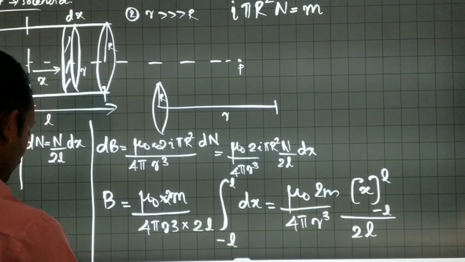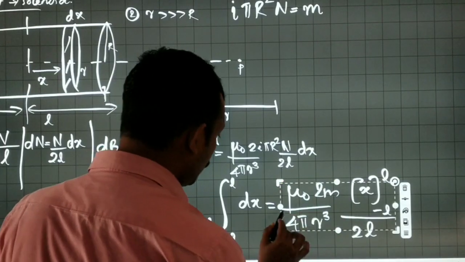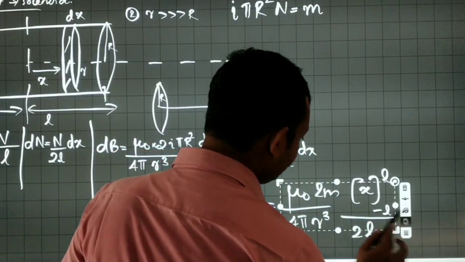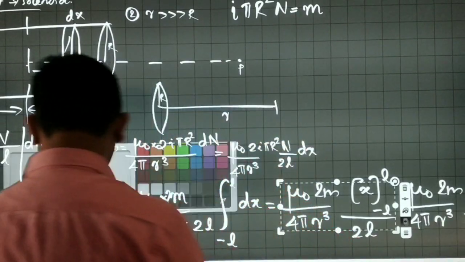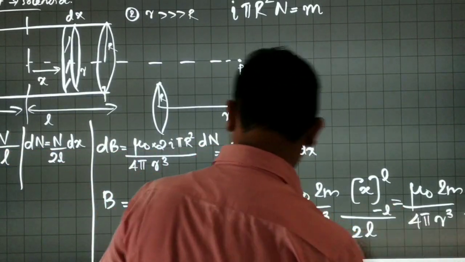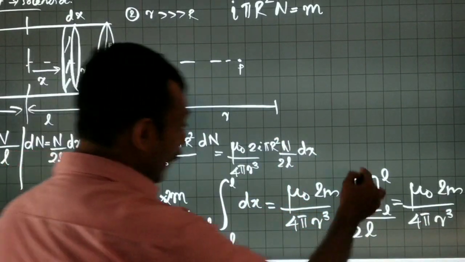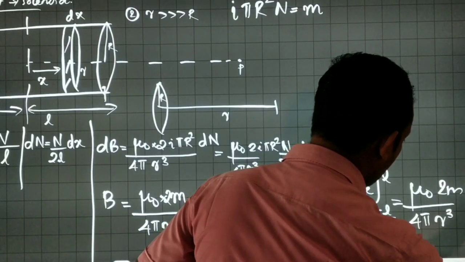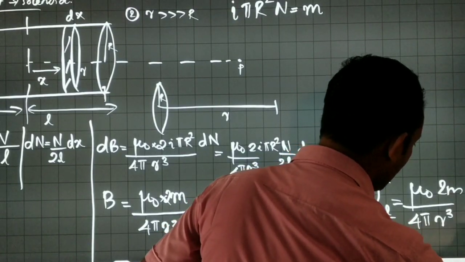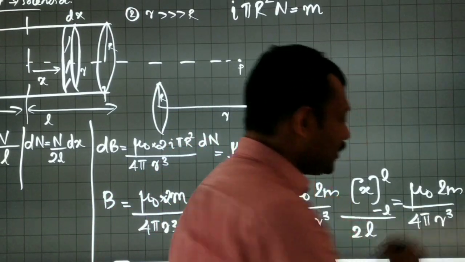Now I am so lazy that I am not going to write this part. Applying limits, this is L minus of minus L divided by 2L. L plus L is 2L. 2L divided by 2L is gone.